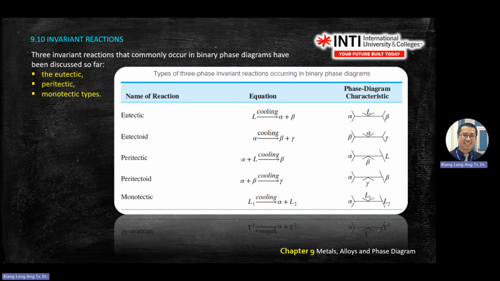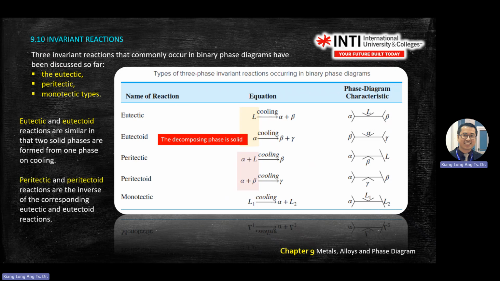So you look at the difference. Eutectic always starts with 1, you have a EU1, you always have 1 on the left. Peri, you have 2 on the left. Mono, you have 1 on the left. Okay, so this is an important diagram.